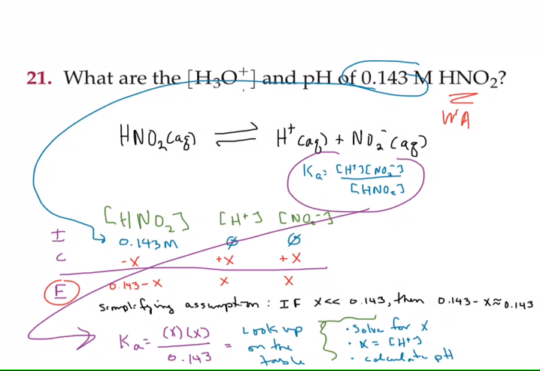Again, you don't have to use an ice table, but you have to show me your logic, how you work the problem. And notice in this case, we're going to apply the simplifying assumption.